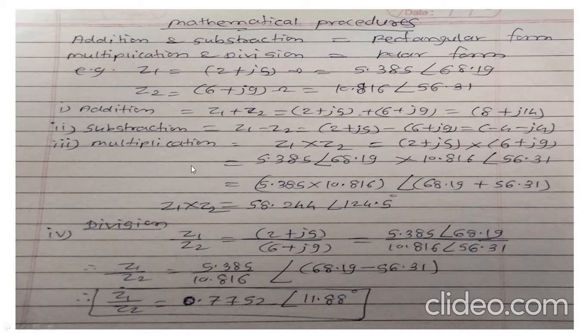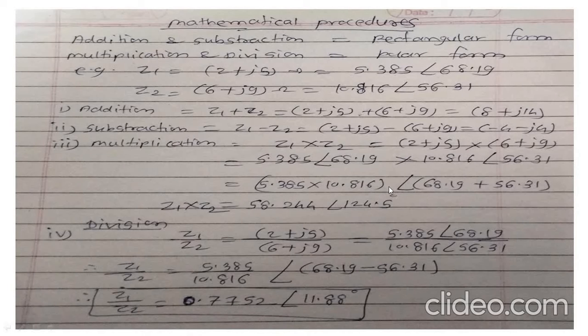Now suppose we have to do the multiplication, so Z1 into Z2. In this case, we know that multiplication is done in polar form. That's why we will consider the polar value of Z1, that is 5.385 at an angle of 68.19, into the polar value of Z2, that is 10.816 at an angle of 56.31. So how will we calculate this multiplication? For that purpose, the magnitudes, that is 5.385 and 10.816, are multiplied in the conventional way, that is 5.385 into 10.816.